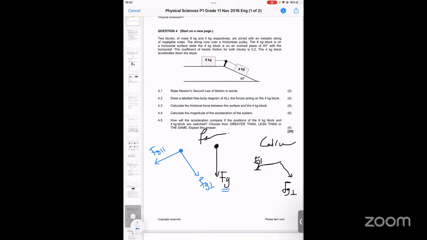But if you only show one component alone, it is wrong, because the forces experienced by that object are both the parallel and the perpendicular components, or otherwise the right way to go about it is to just use FG.